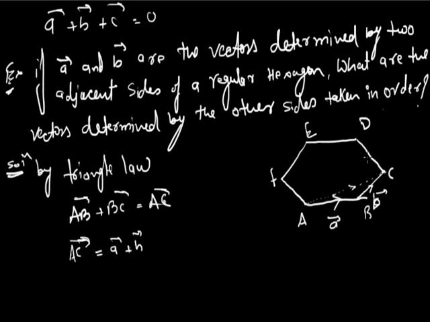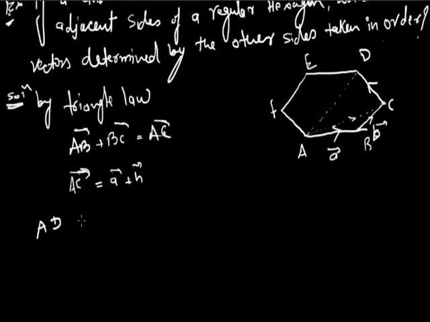Now it's a regular hexagon, so for the CD vector, join A to D. Now AD is parallel to BC. Why?